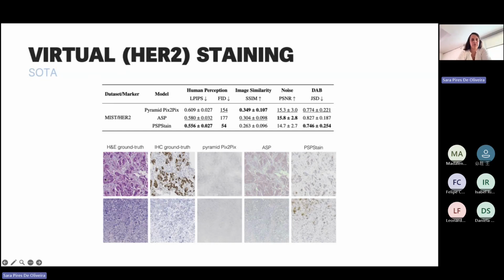If we look at the images in detail, for example the pyramid peaks-to-peaks, it's very smooth and there are no cells at all. It's just a blur.